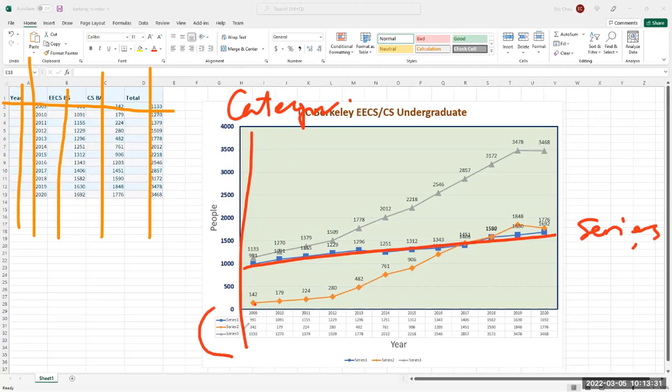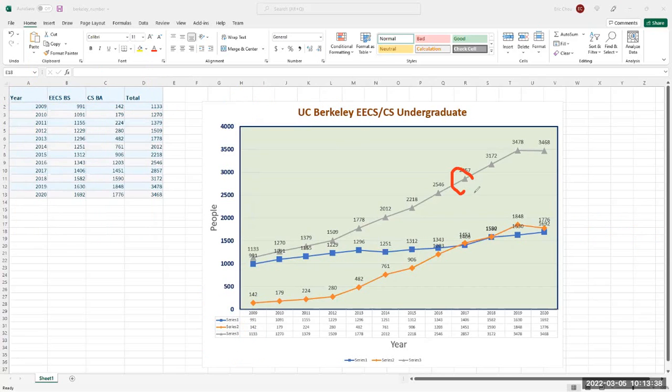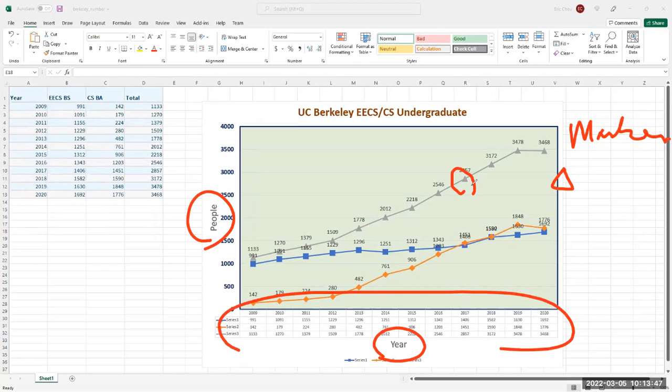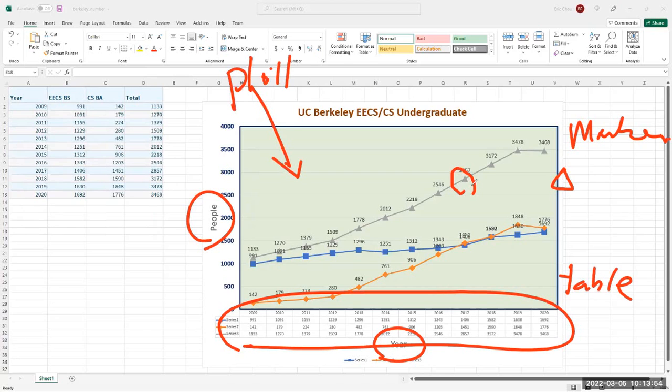If you look at the chart over here, it has series 1, 2, 3. This triangle we call the data marker. This one is the label. This one here we call the data table. The area here we call the plot area. These are the terminology when you look at the chart.